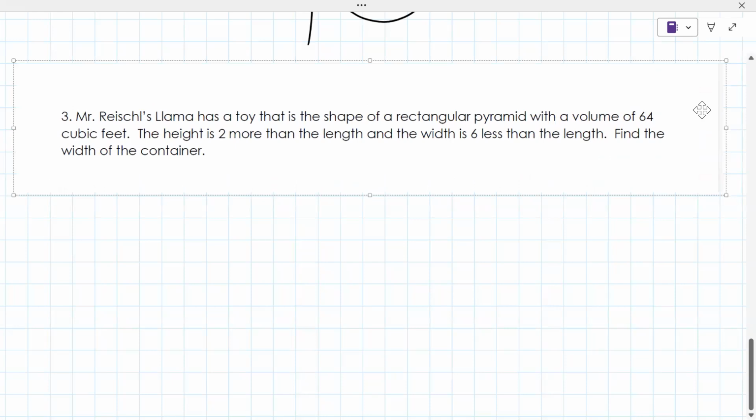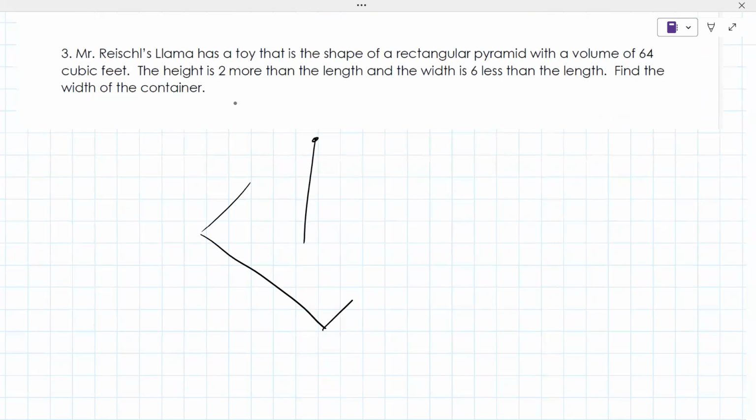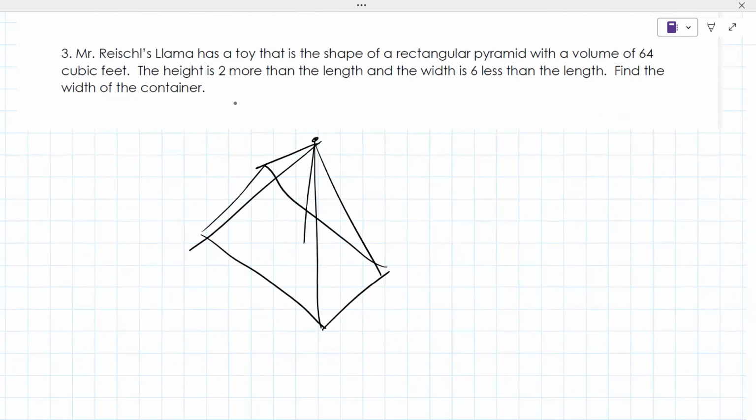All right. So now moving on to number three. Llama has a toy that's in the shape of rectangular pyramids. So the pyramids are the toughest, I feel like, to draw here. There's part of like a square, but then you just draw like the three things up?